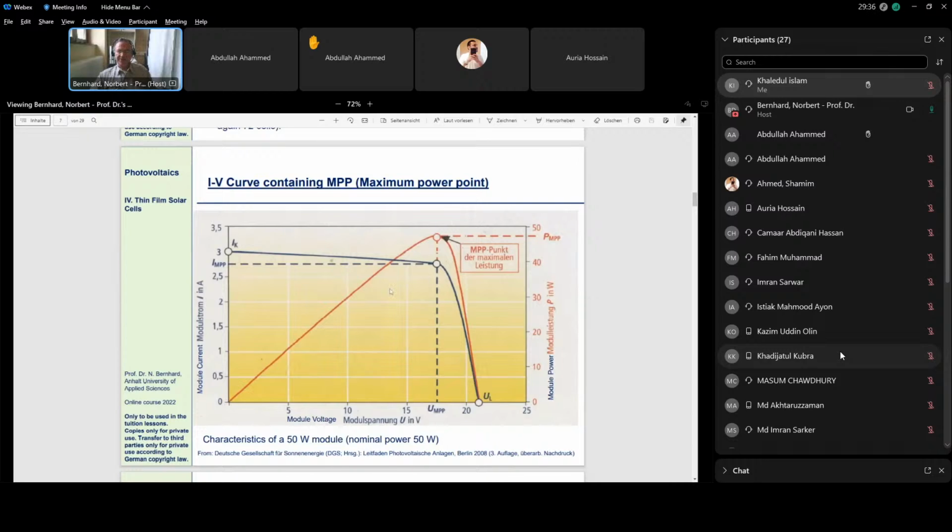We get the red curve, and at some point we have a maximum, and therefore this is called the MPP, the maximum power point. Here we also see the maximum power point in the IV curve of the cell. That would be an example for a small module of only 50 watts. A standard module has between 250 and 300 watts.